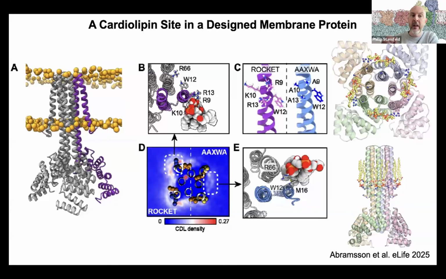It gives you an example: we can understand cardiolipin interactions using molecular dynamics simulations from known experimental structures of in vivo proteins, real world E. coli proteins, but we can also study this in designed proteins that can directly bind cardiolipin.